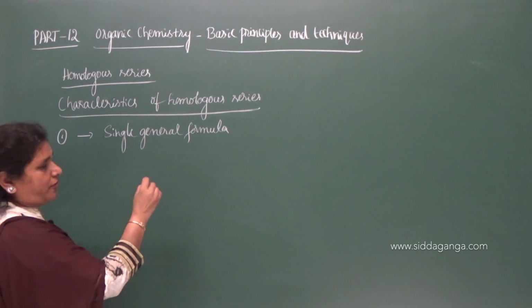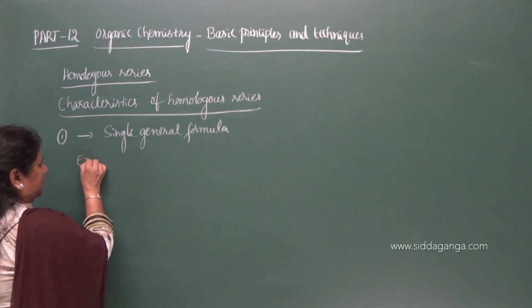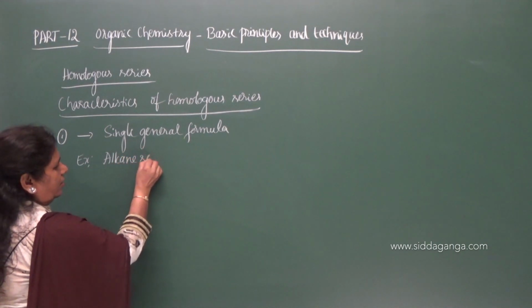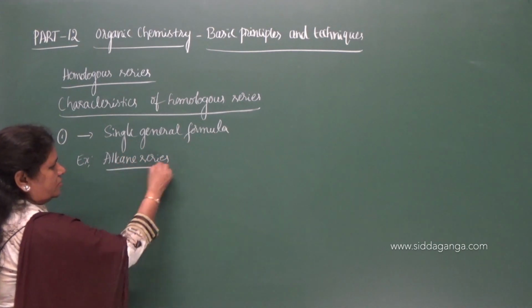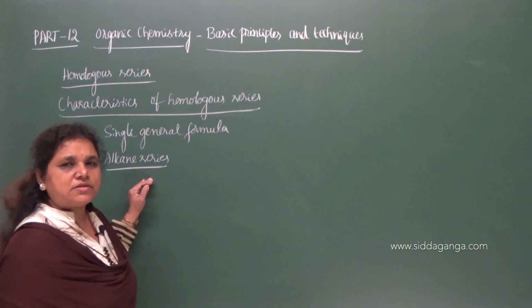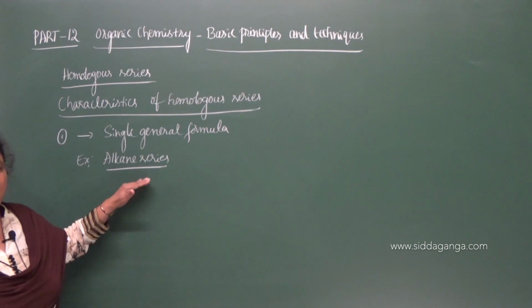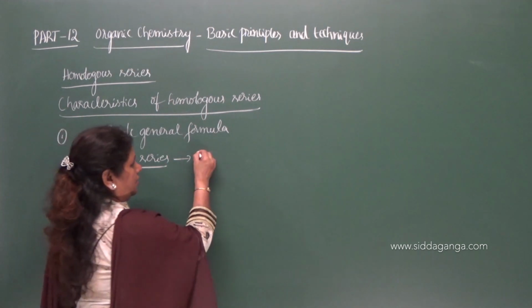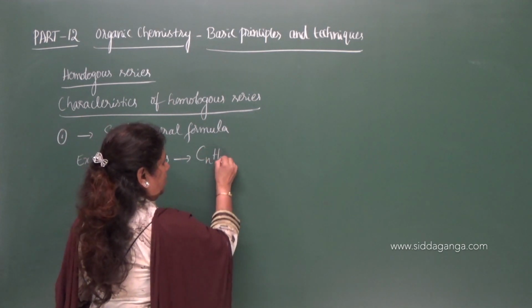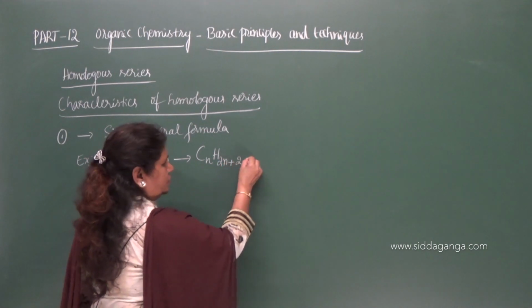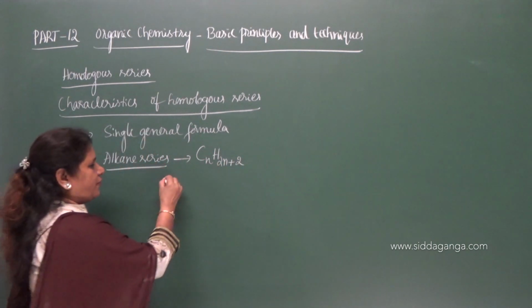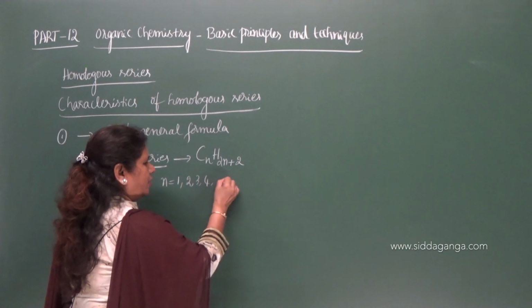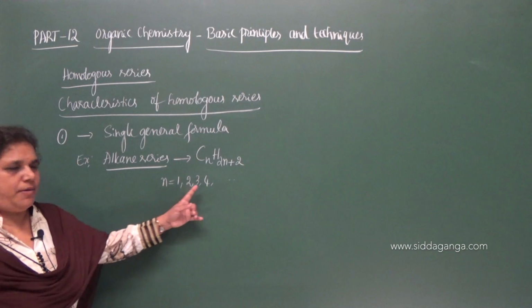So, an example for this is the alkane series. All the members present in alkanes can be represented by a single general formula, that is CnH2n+2, where n stands for the number of carbon atoms and it starts from 1 carbon.